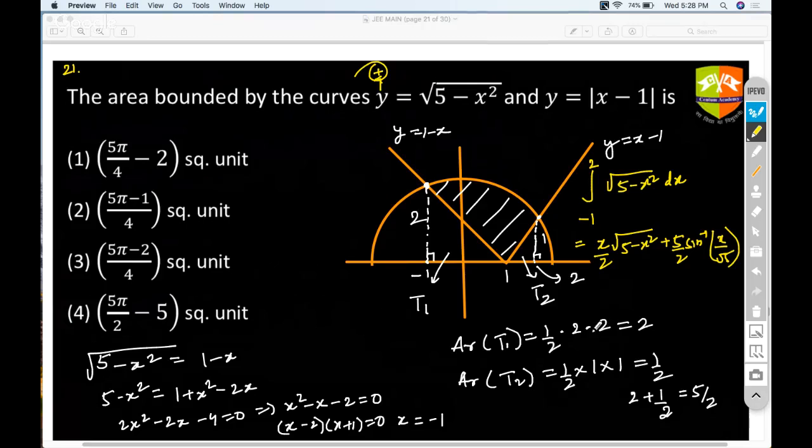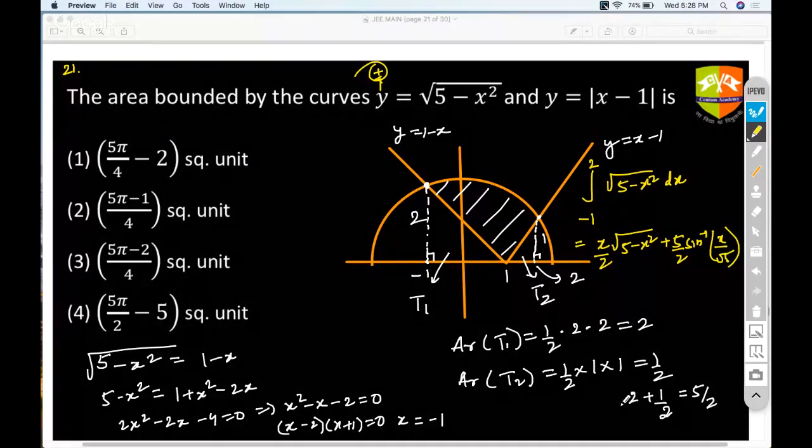Is that fine? So if you substitute 2, you will get 1 into 1, and this will become 5 by 2 sine inverse 2 by root 5.